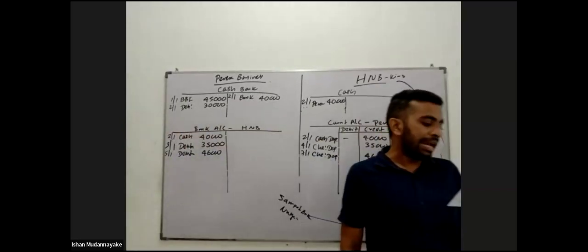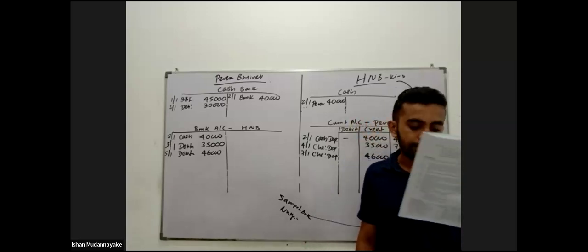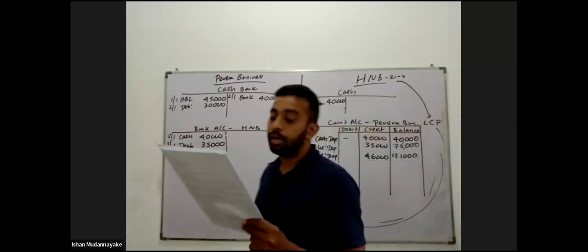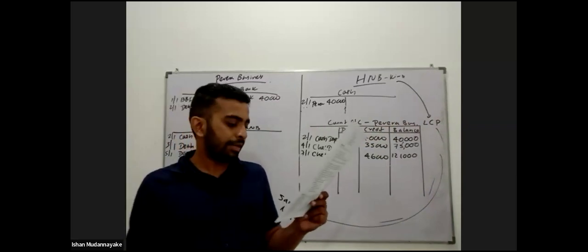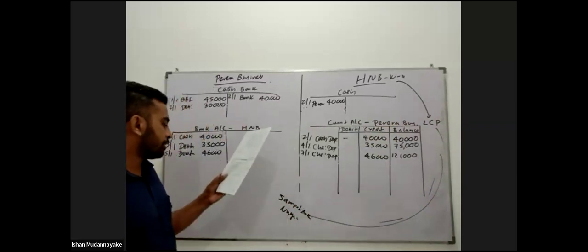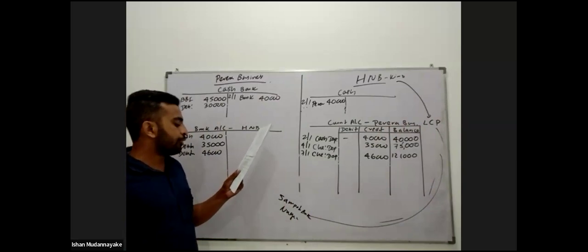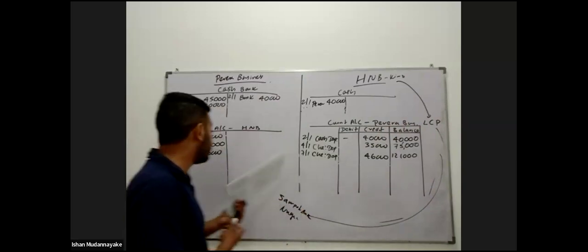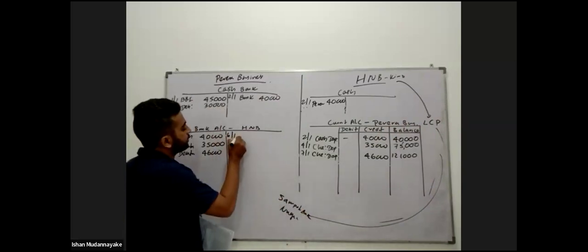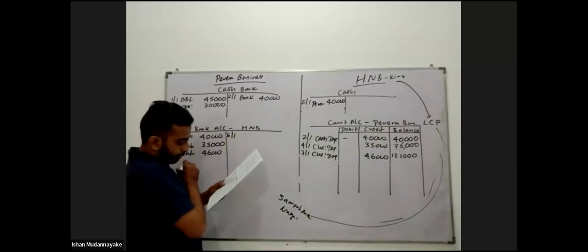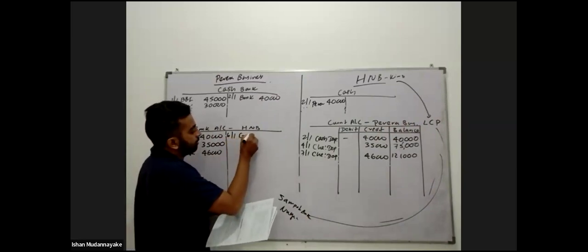On 6th January, paid a supplier 25,000 by issuing a check, presented on 9 January. Pereira's business organization paid 25,000 by issuing a check on 6th January.